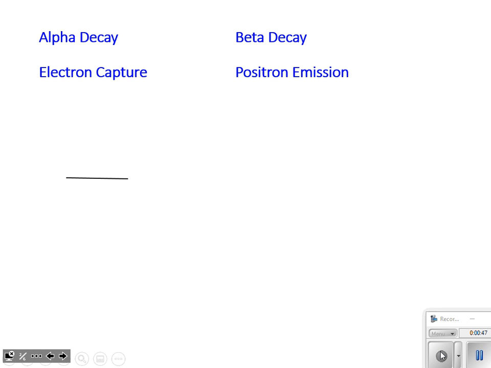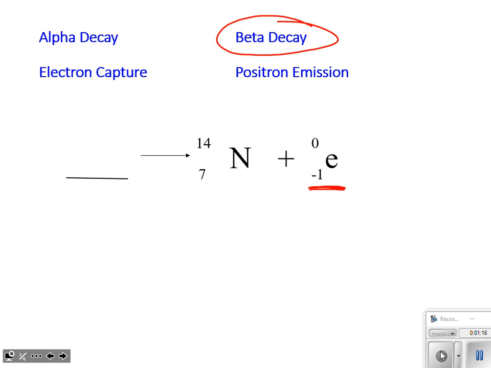But the very first one is right here. So I have to look and say, okay, what is going on here? And I can see, and what I'm looking at is right here. I'm looking at that right there, and I'm saying that that is a beta particle being released. So this is going to be beta decay.